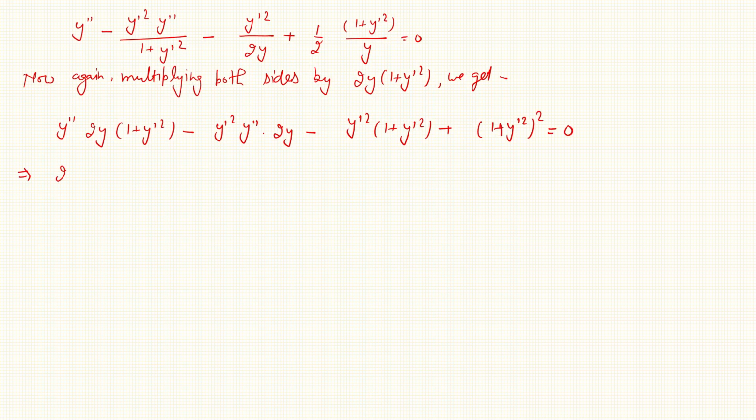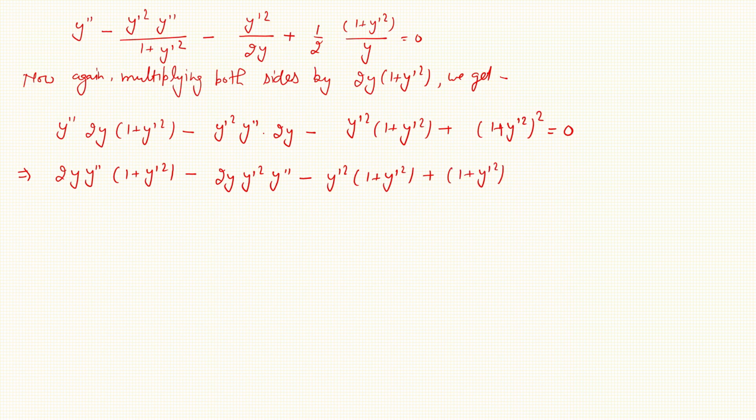We get 2y double prime (1 plus y prime square) minus 2y prime square y double prime minus y prime square (1 plus y prime square) plus whole square of (1 plus y prime square) is equal to 0.